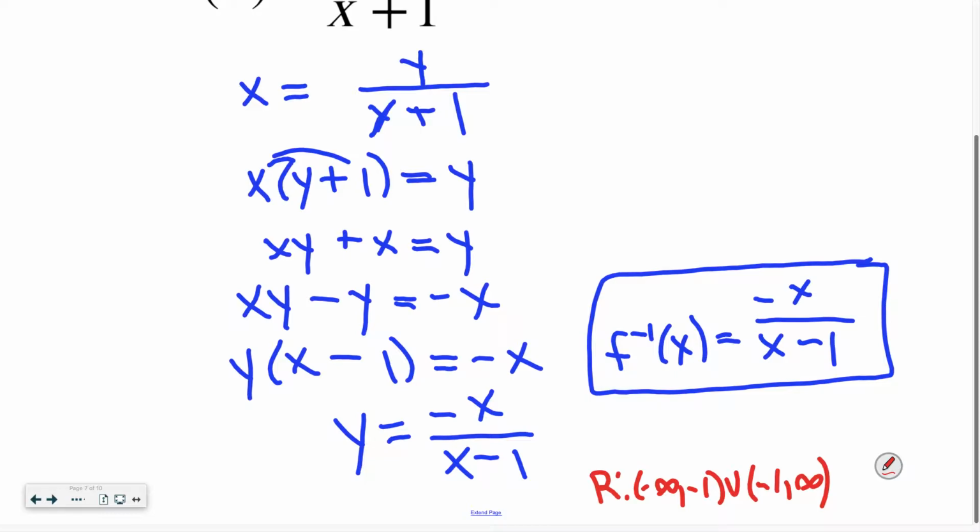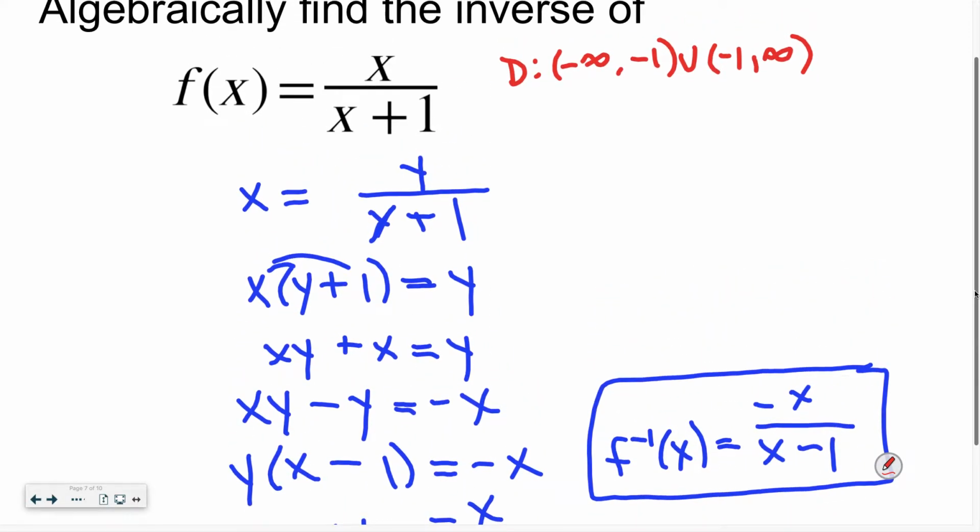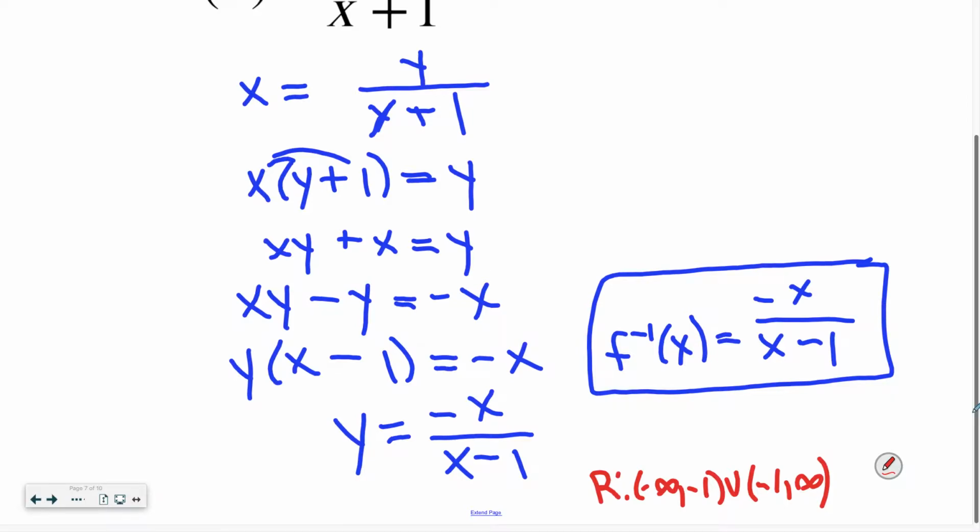And I told you, instead of trying to remember all of our rules for horizontal asymptotes, let's just take this and identify its domain. Kelly, what number makes our denominator 0? 1. So the domain for our inverse is everything but 1.